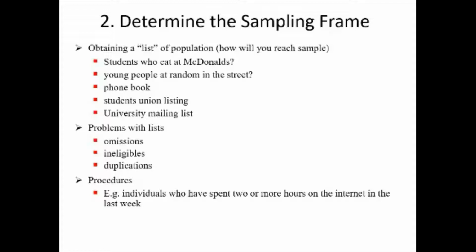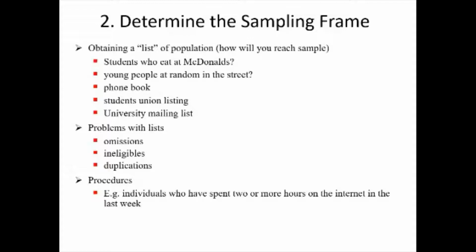They have the list of students who registered their IP in the Wi-Fi. They can give the list of students who spent more than 2 or 3 hours on the internet, and they can also provide their web search or search history. This is how we can collect the sampling frame.